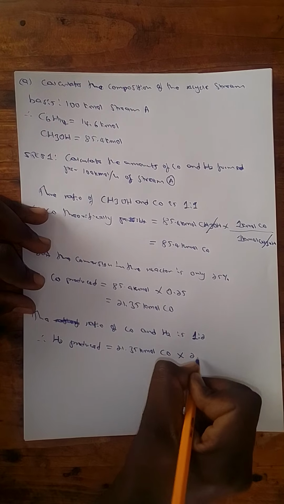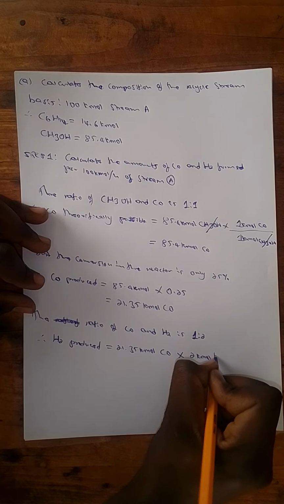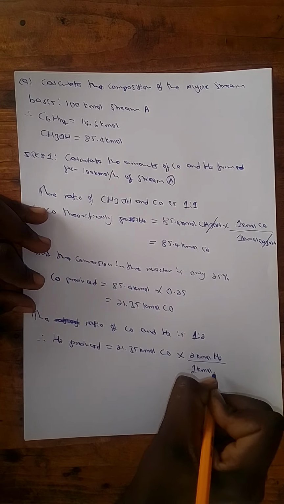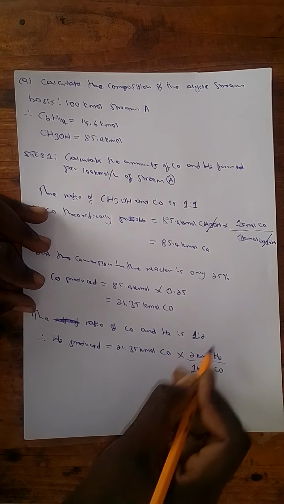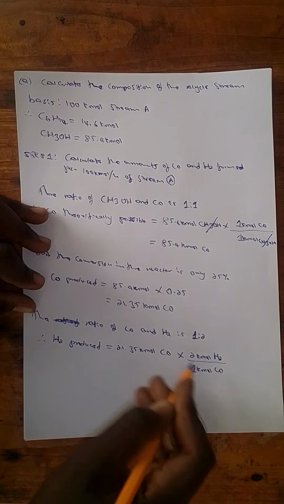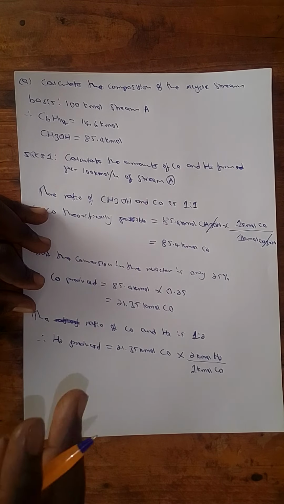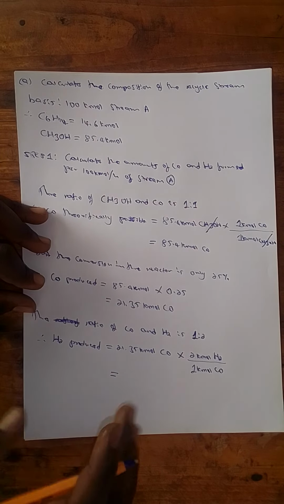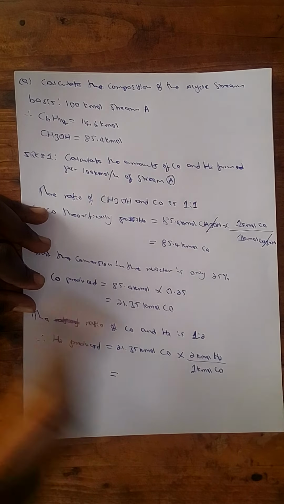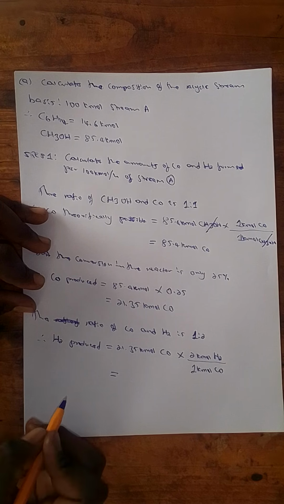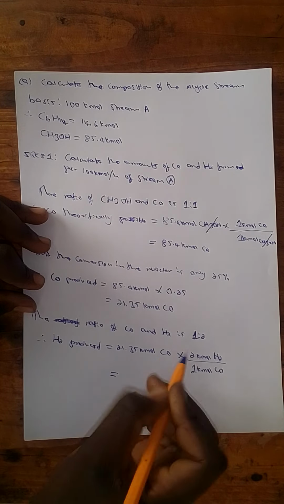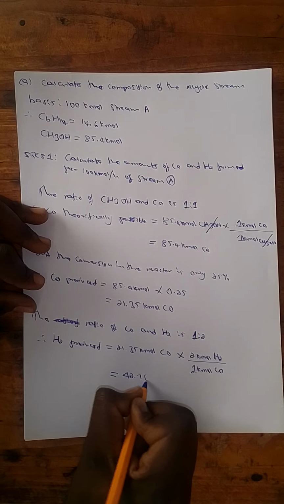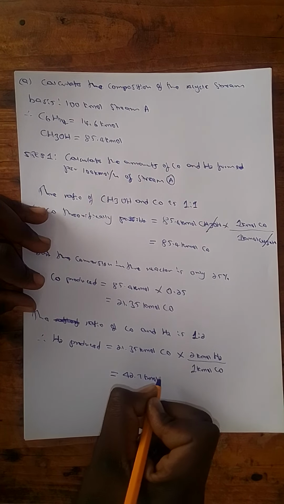Multiplied by 2 kilomole H2 per 1 kilomole CO. This can be a longer route, but it's very much easier. It makes it easy for somebody to follow. So that's why I prefer that. But some don't even need to write the kilomole H2, they just write the numbers. It's fine as long as you understand that. So now, if you use your calculator there, it gives you 42.7 kilomole H2.